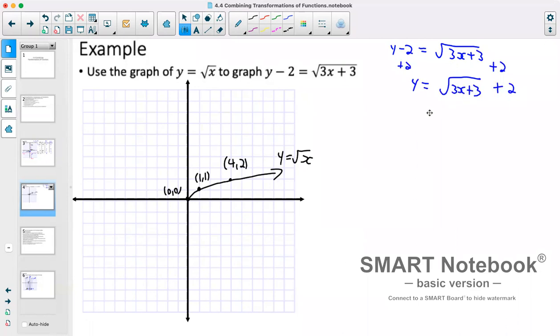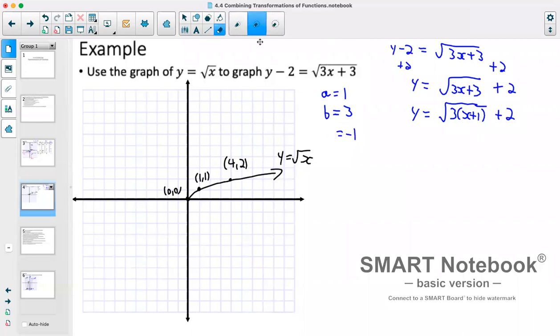Now I can factor 3 out of these, so then I can actually get my b value. So I've got equals square root of 3 times (x plus 1) plus 2. Okay, so looking at this, our a value, we don't have a number in front, so it's just going to be 1. Our b value is this 3. Our h value is negative 1. And our k value is positive 2.